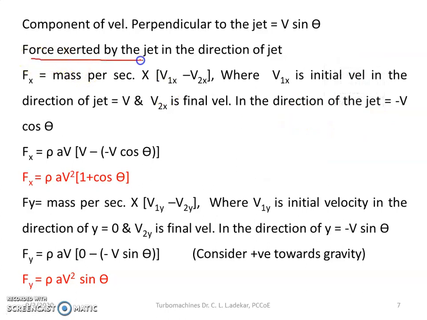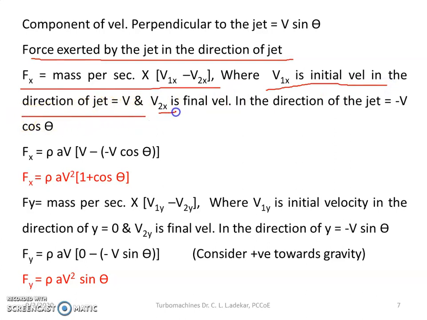Therefore, the force exerted by the jet in the direction of the jet is mass per second into initial velocity minus final velocity. The initial velocity is v and the final velocity is v2x, where 2 stands for the outlet and x for the direction. v2x is the final velocity in the direction of the jet, which is minus v cos theta, because v cos theta is in the negative direction relative to v. So Fx is rho A v, that is mass per second, into v minus of minus v cos theta.